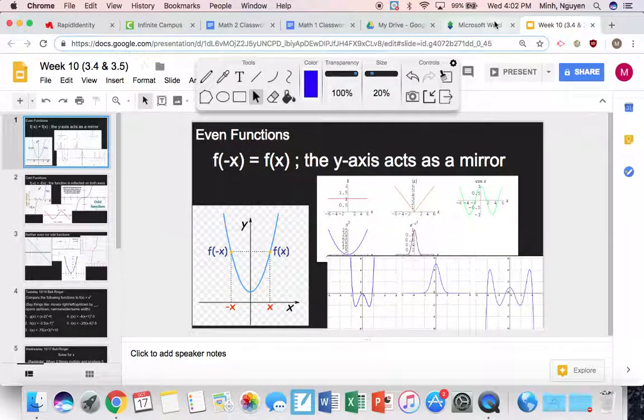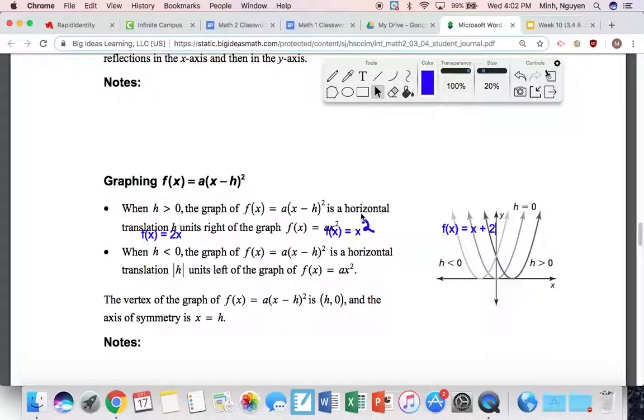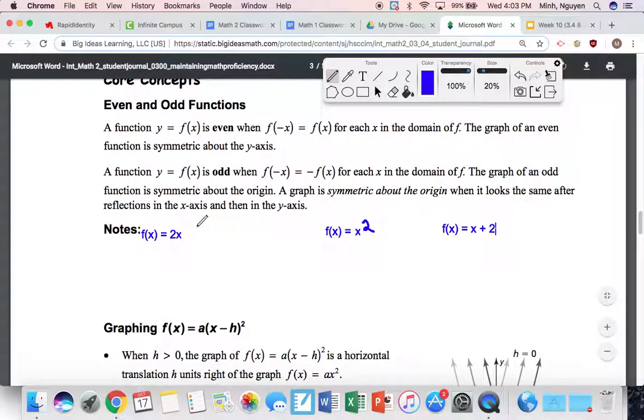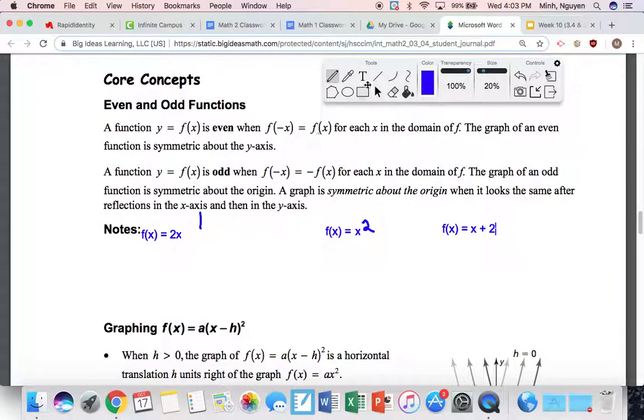Here for even functions. Now I'll show you some algebra. So we have these functions where you already have a positive x, and we will need to substitute a negative x. And if it's even, it will be the same result.